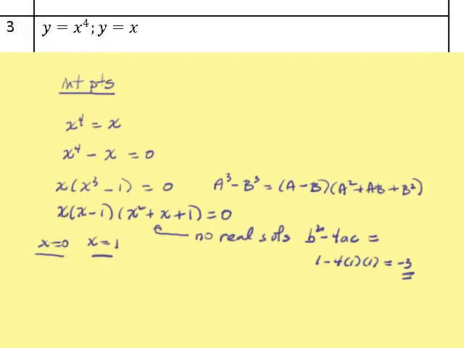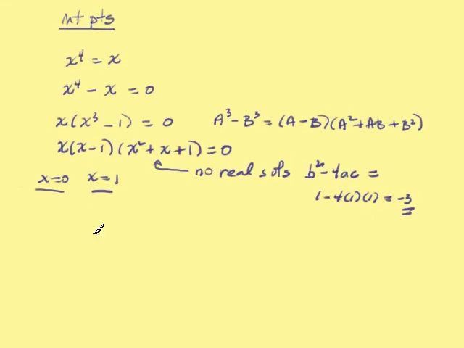All right, these are easy to graph. Y equals x to the 4th. It sort of looks like y equals x squared, but it's a little flatter at the bottom. And the line y equals x. So this is what the curve looks like. Here's y equals x, and here's y equals x to the 4th.